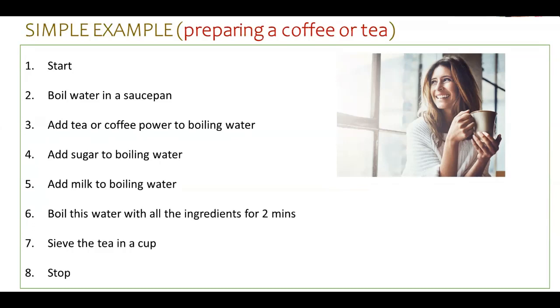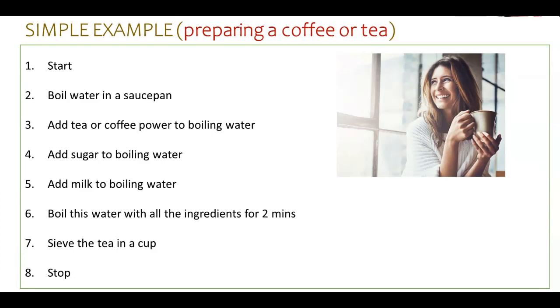Now what we have to do is boil water. In a saucepan, we take water and boil it. Later we add tea or coffee powder to the boiling water. After it is boiled for some time, you add sugar to the boiling water, and later you add the milk.